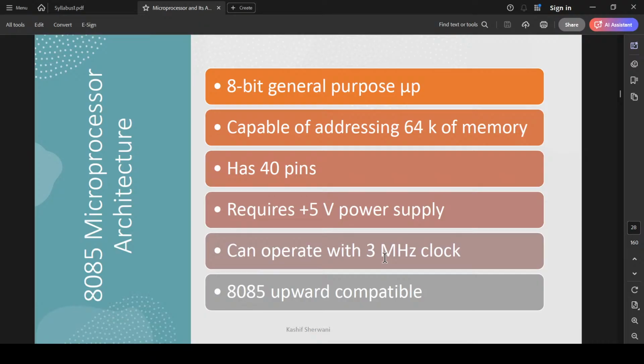Architecture, 8-bit, 64 KB of memory, 40 pins, 5 volts of power, 3 megahertz, and it's upward compatible, guys, upward compatible.